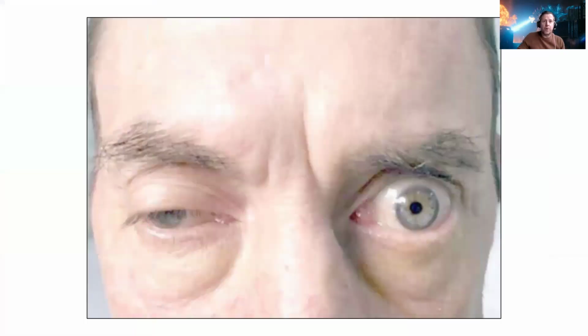And here's an example of a patient with a right-sided oculomotor palsy. We see that the eye is down and out, but also notice that the upper eyelid is drooping, and this is caused by palsy of the palpebrae superioris muscle, which is also innervated by the oculomotor nerve.